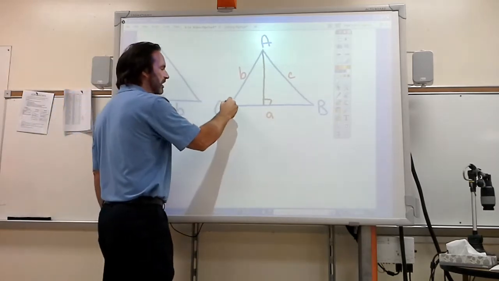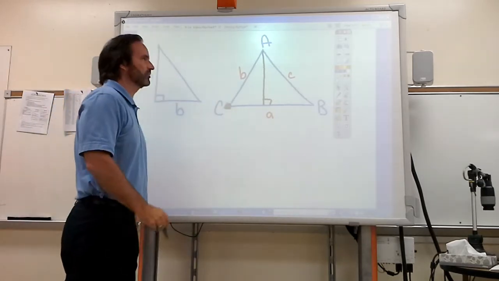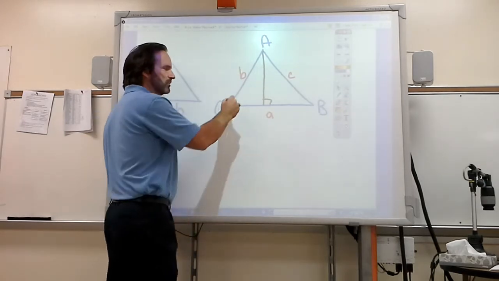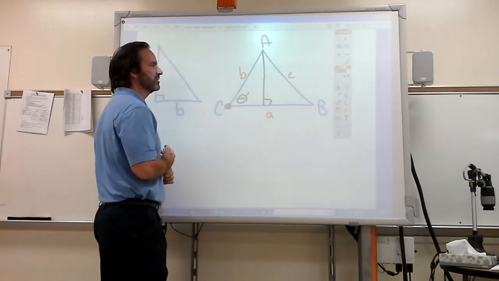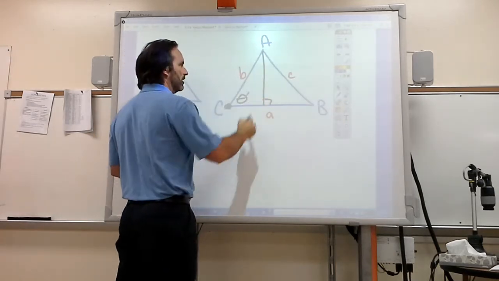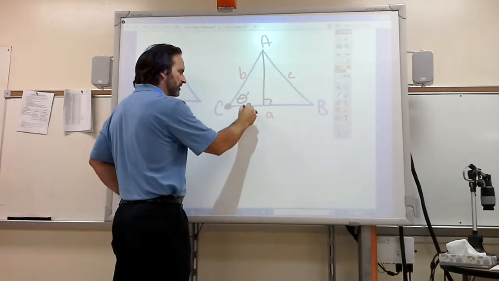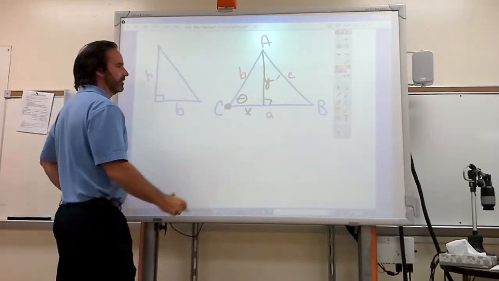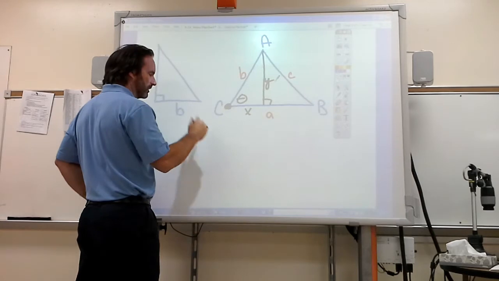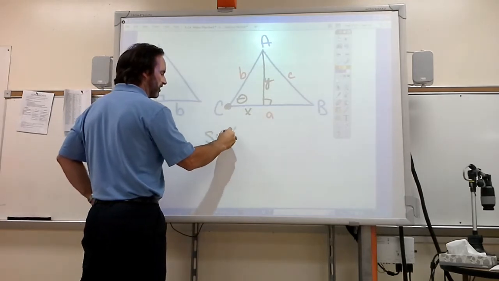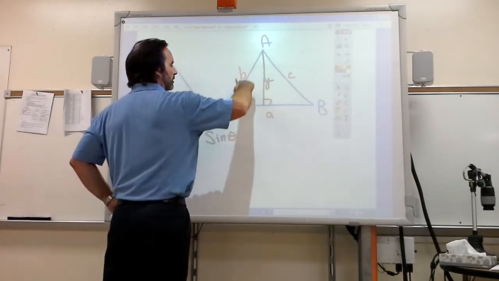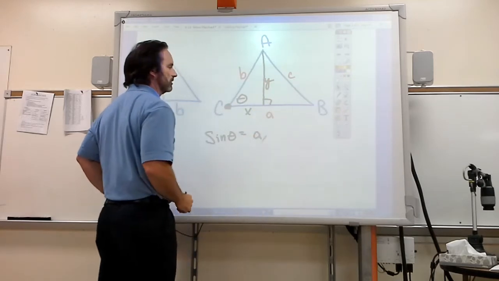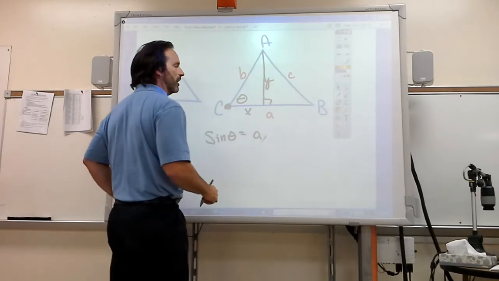Well, let's just make this the origin of our unit circle. So this, let's say, is our radius, and we're going to pretend it's like a unit circle. Here's a radius. We came down here. This is my x and this is my y. So sine of that theta equals my base, the whole base, times what?